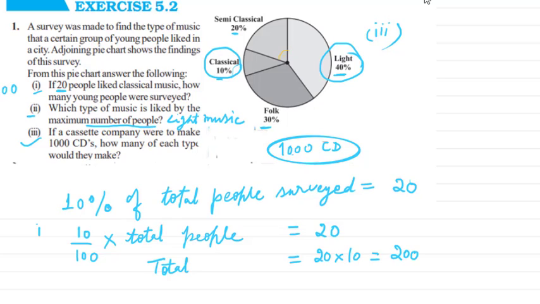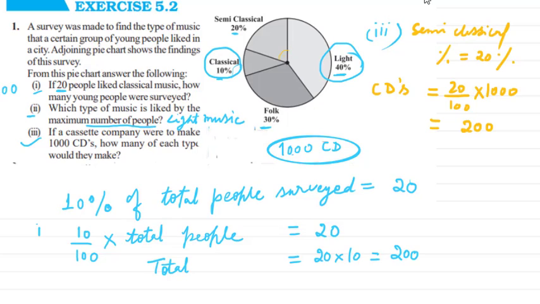For semi-classical the percentage is 20%. So CDs for semi-classical will be 20% of 1000, so you will get 200 CDs of semi-classical.